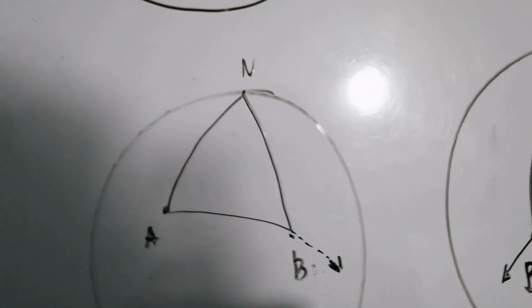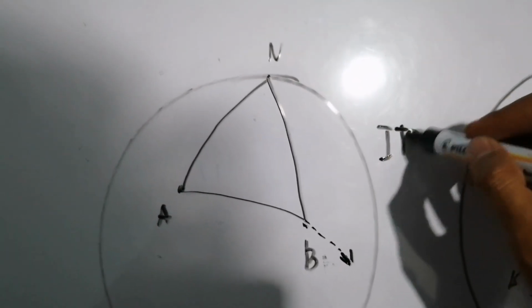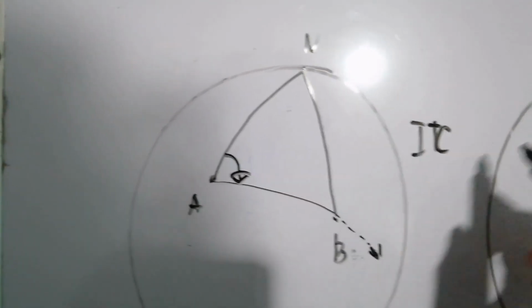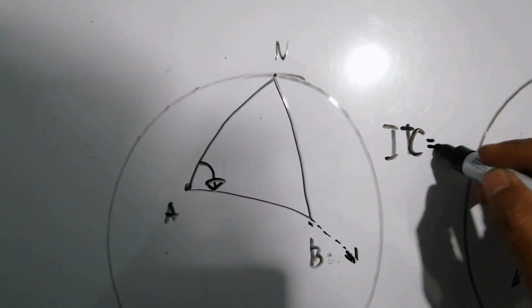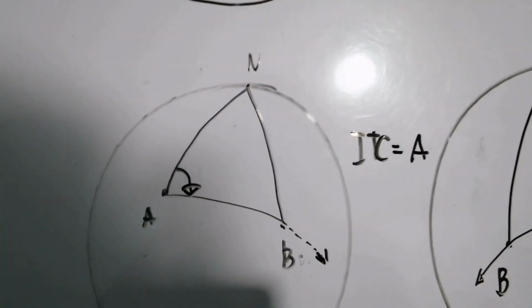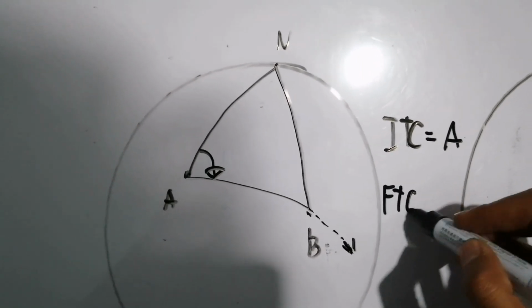To find the initial true course, or ITC, notice your initial true course will simply be your angle A. Since we have to get the true course, that will just be whatever is angle A. Now, how about the final true course, or the FTC?